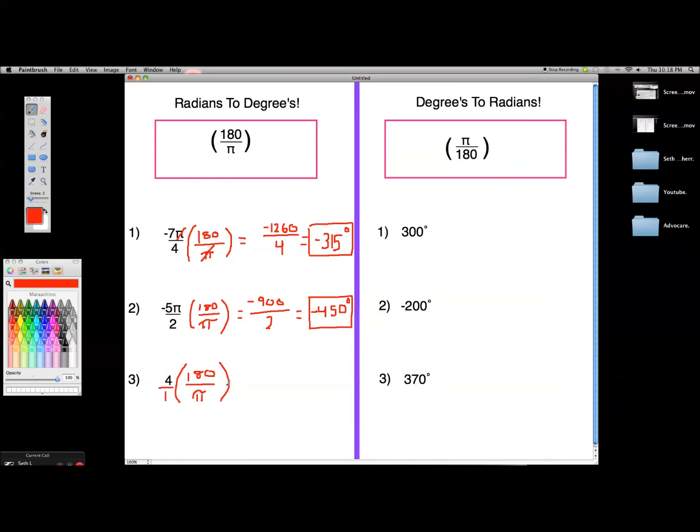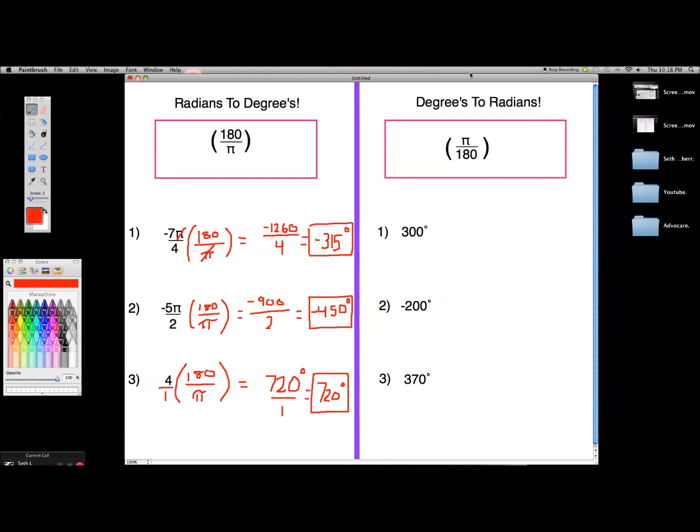So 4 times 180 equals 720. And that's your degrees. That'll equal 720 degrees either way. So that would be your final answer.